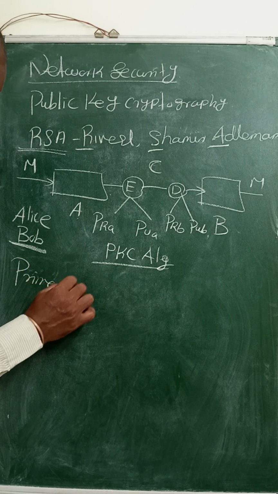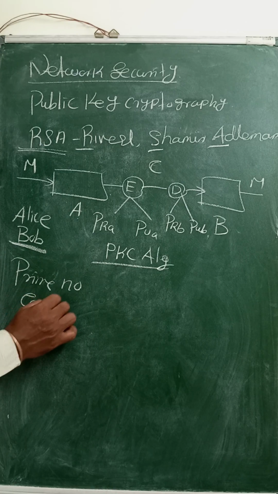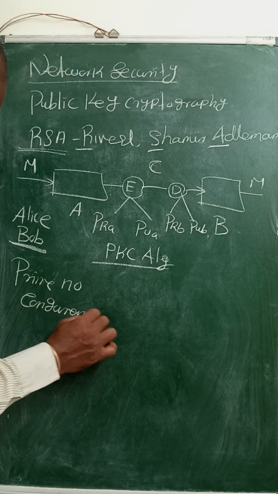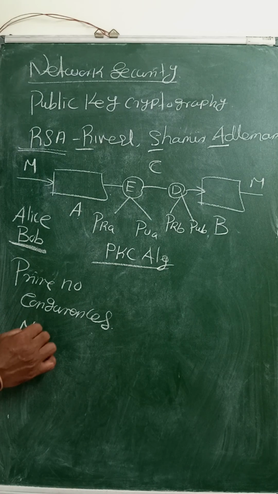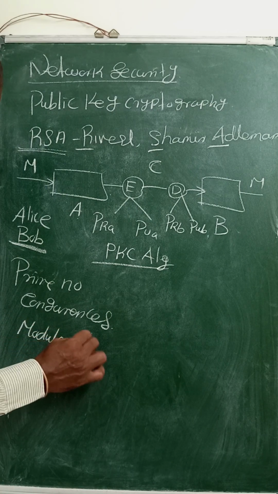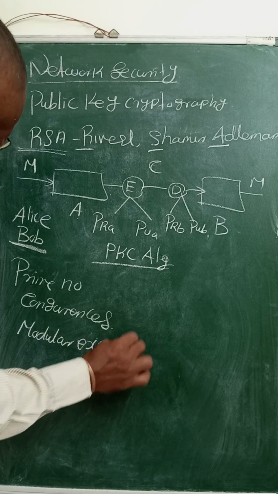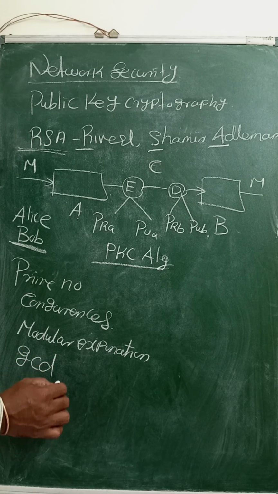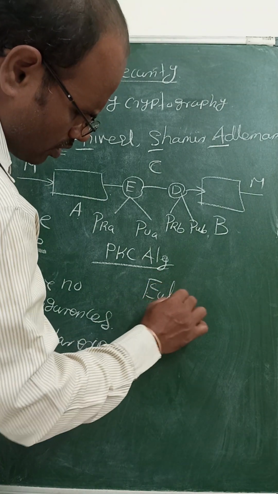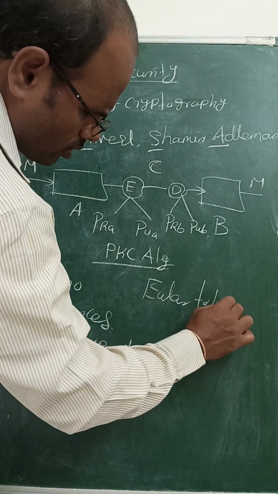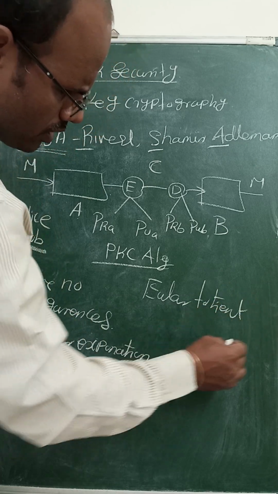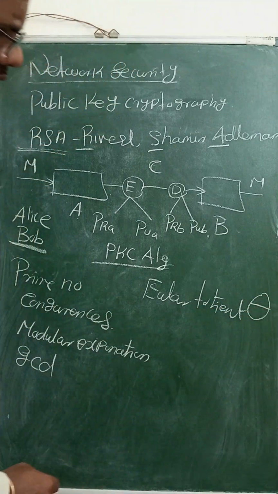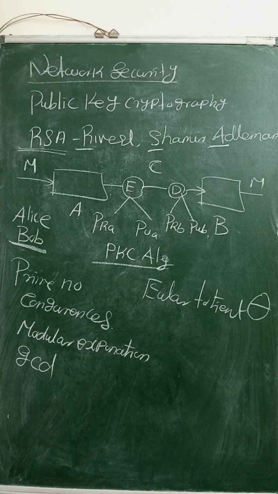Now we go to the RSA algorithm. First, we have to select the prerequisites that are required: prime numbers, congruences, modular exponentiation, GCD, and the Euler totient function, which we call phi of n.